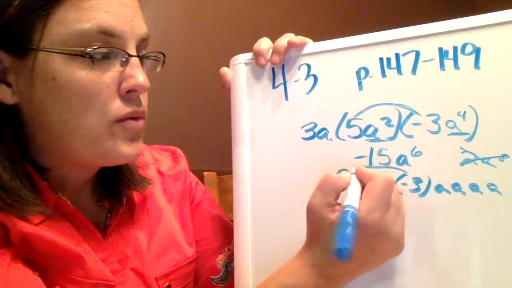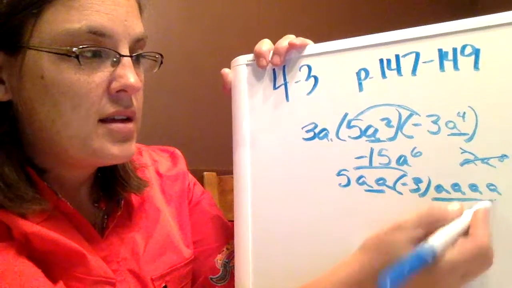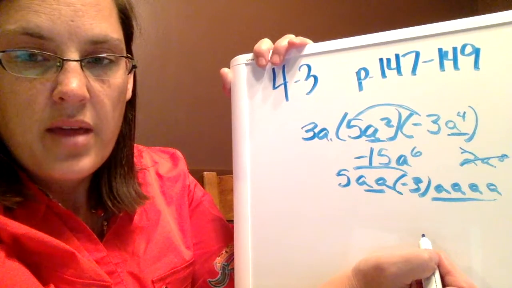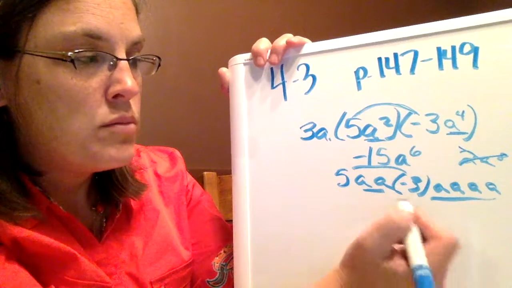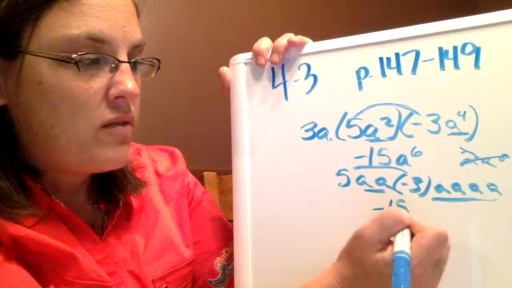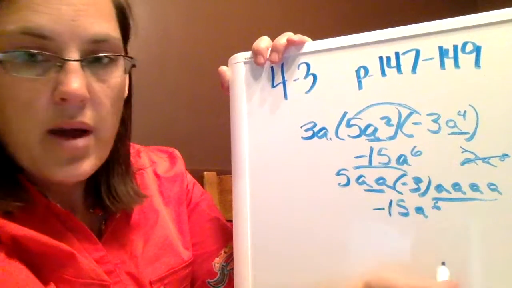And I can regroup things because it's all being multiplied. Tell yourself what property that is. It allows you to move things around and not change the answer. We still get that negative 15a to the 6th if we write it out.